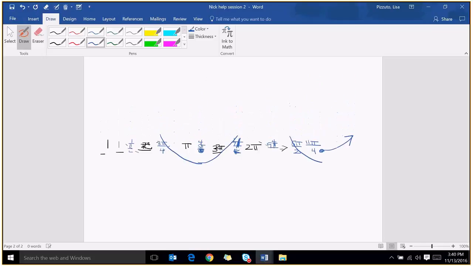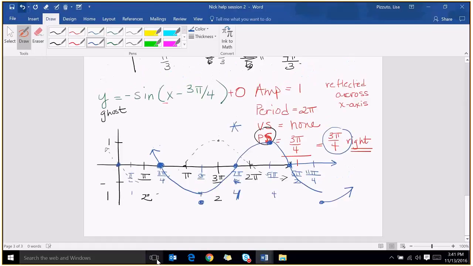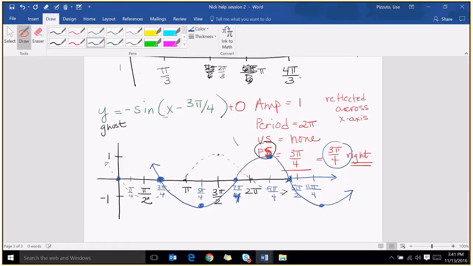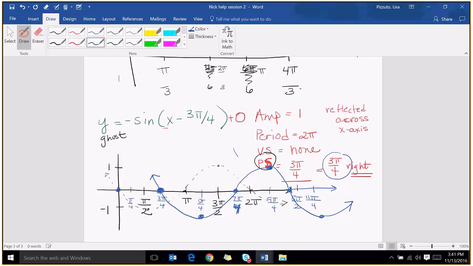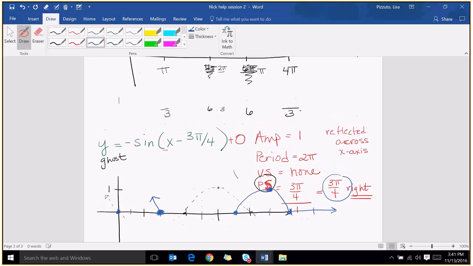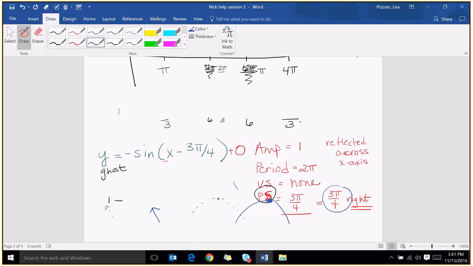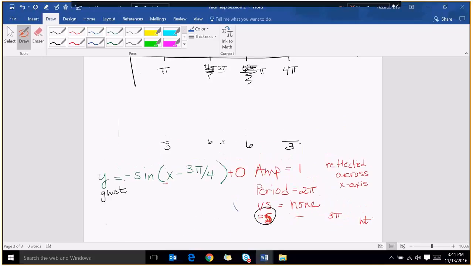It's going to keep moving this. Wait, give me one second here. It's moving the graph around. I'm just going to open a new sheet of paper.